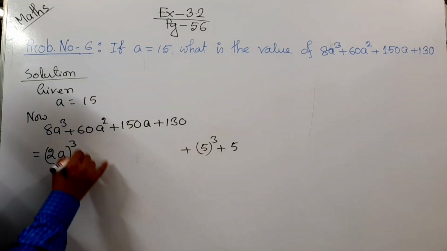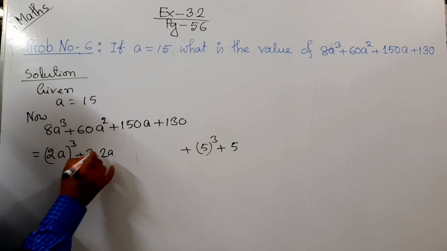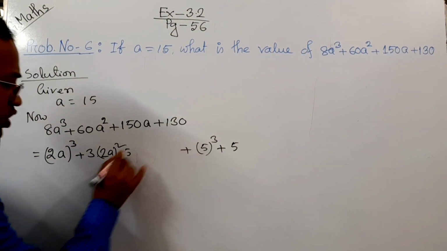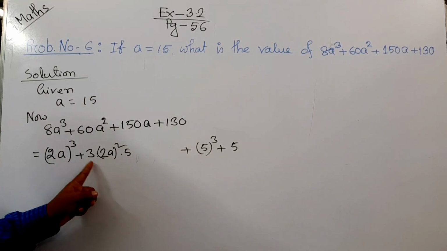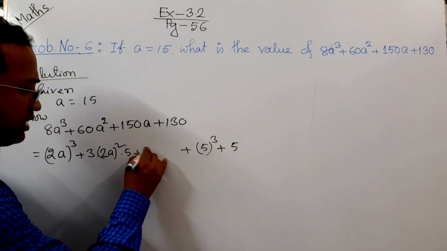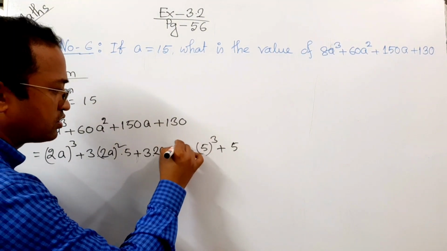Now it will be 3 into a, meaning 2a whole square, into b, meaning 5. Look, 2 square, that is 4, 4 5s are 20, 20 3s are 60, 60a square. Similarly, it will be 3 into a into b square.